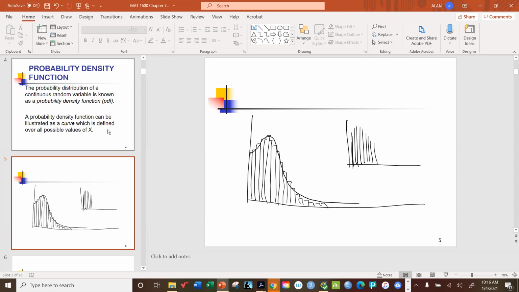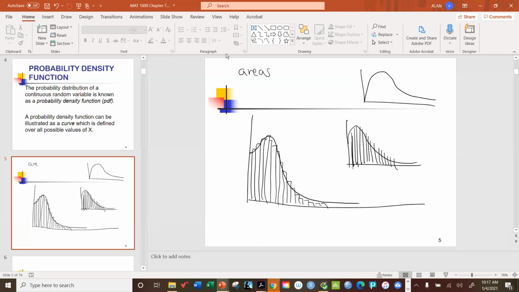And as you recall from high school geometry, the width of a line is 0. So rather than trying to illustrate it with a bunch of bars, we're going to illustrate this with a curve. And so the curve itself is being used to calculate probabilities, because in the framework we're setting up, areas under a curve are going to correspond to probabilities.